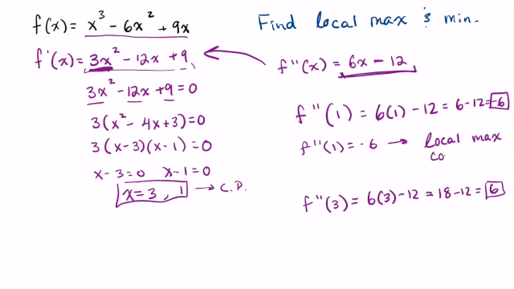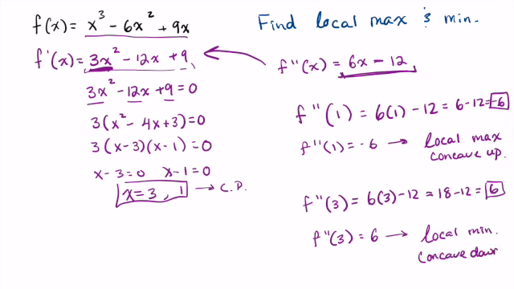I am concave down. Then, since f double prime of 3 equals 6, I know that we have a local minimum because 6 is greater than 0. We have a local minimum, and we are concave up. And that's your second derivative test.